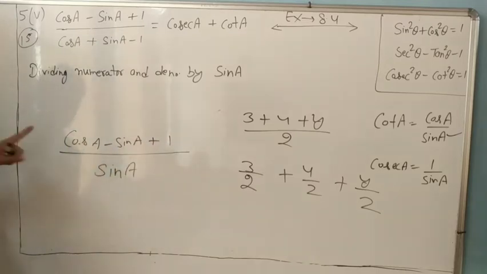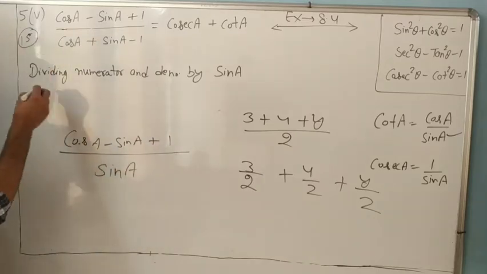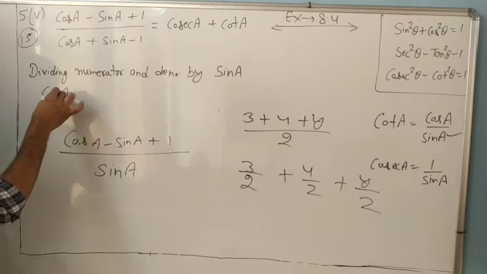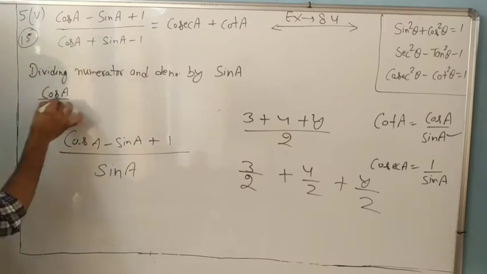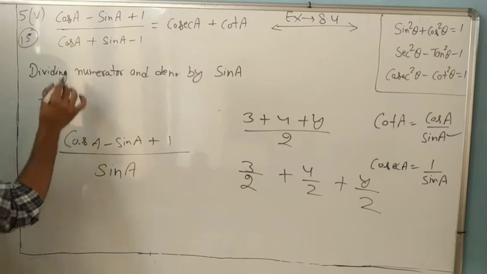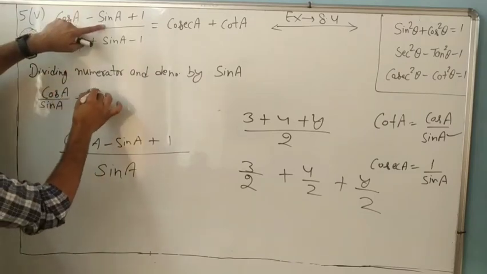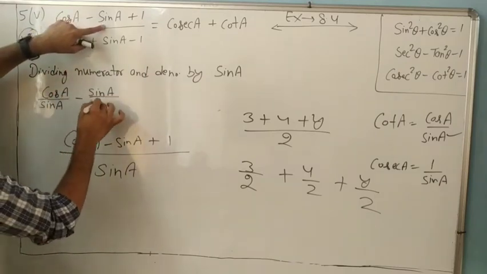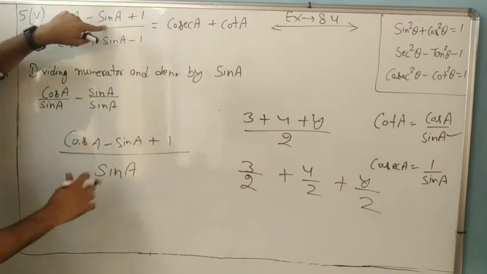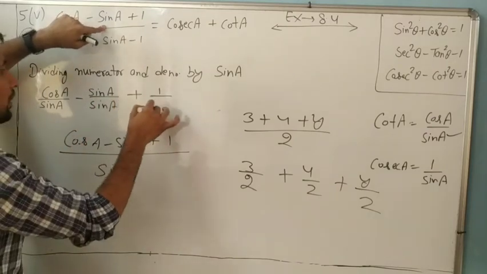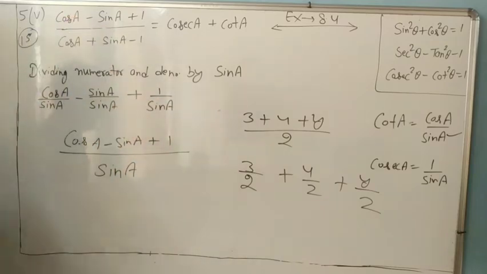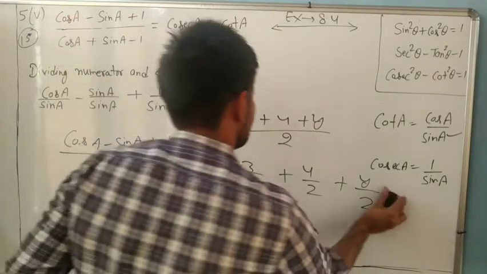So I can write cos a divided by sine a minus sine a upon sine a plus 1 upon sine a. Understand?